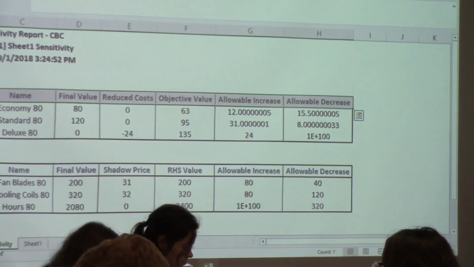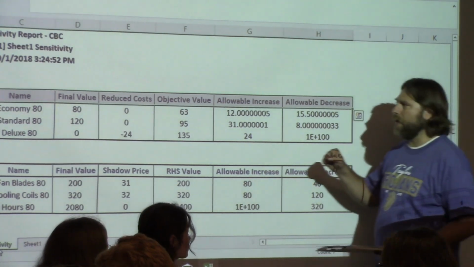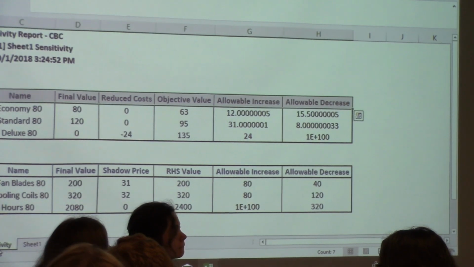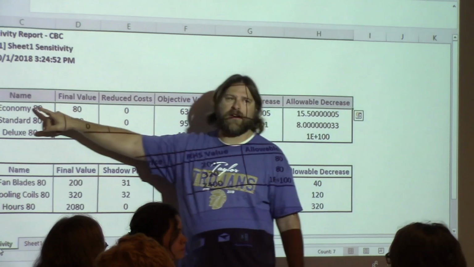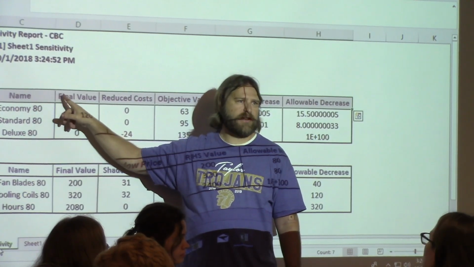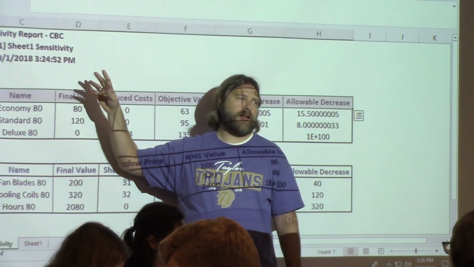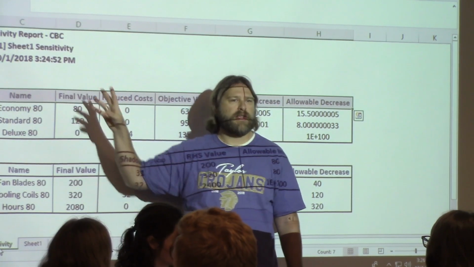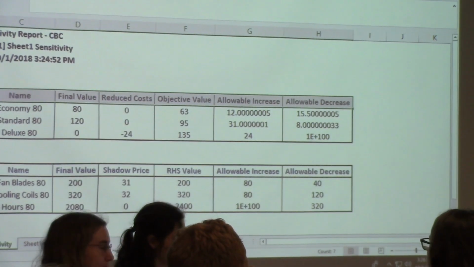Yes? What's the difference between the final value and the objective value? Yeah, let me be careful about that. The final value is the value of this variable that solves your maximization or your minimization problem. The value of your objective function is not the value of each individual variable.